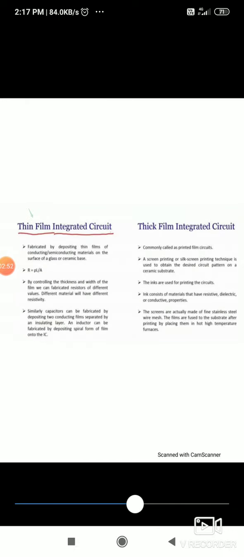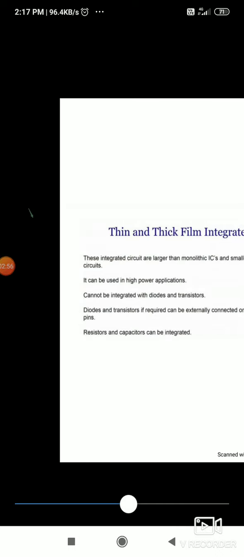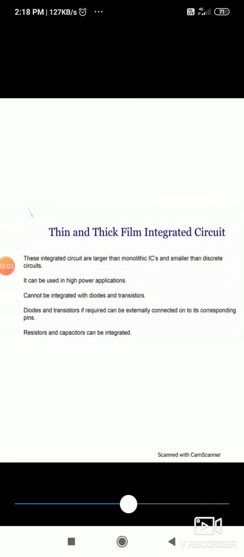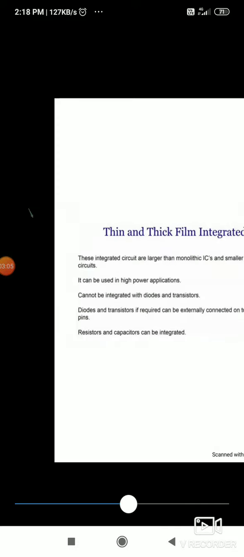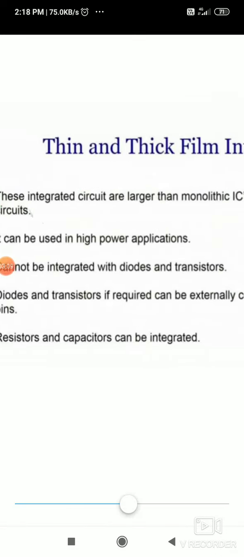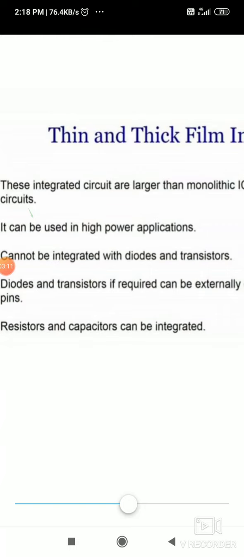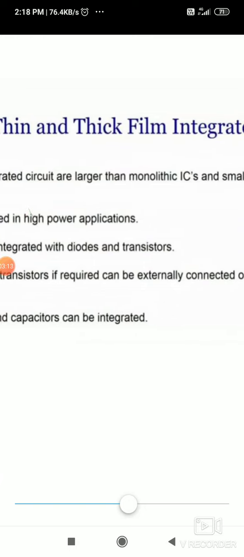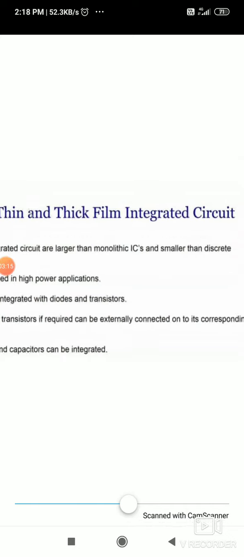Up to last class, we have covered thin film and thick film integrated circuits. What are thick film and thin film integrated circuits? This is also an IC.